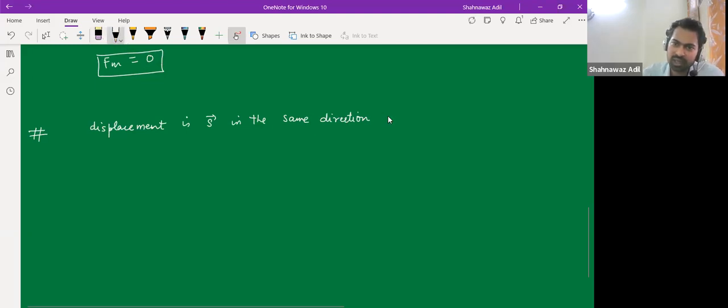If this is the velocity, then the displacement will also be in the same direction.